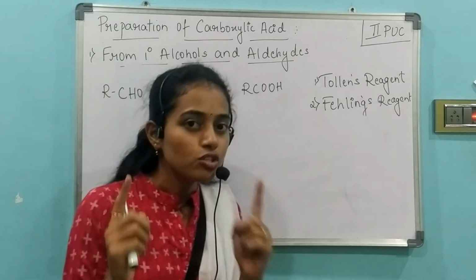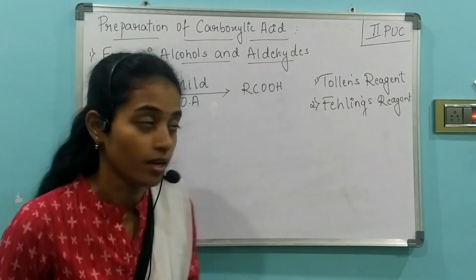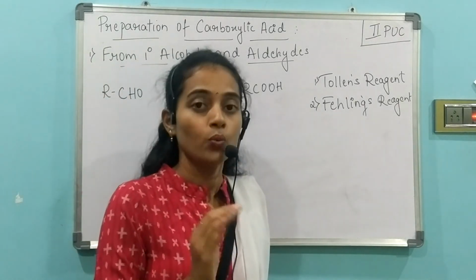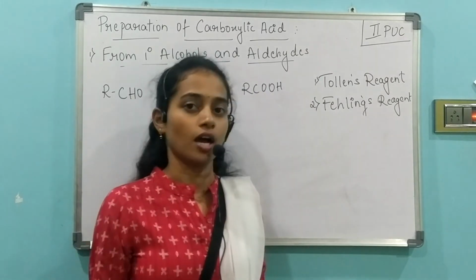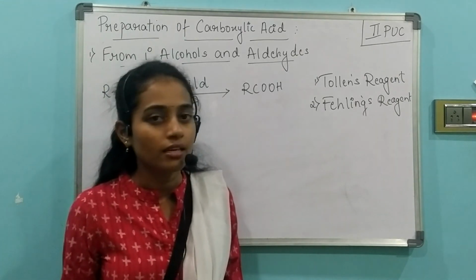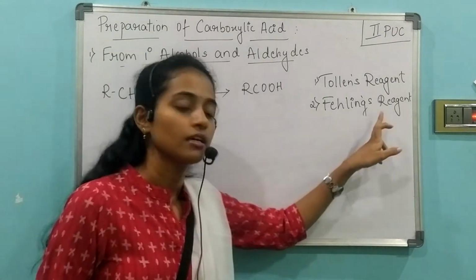By mixing solutions A and B, you are going to get the Fehling's solution. Now copper ion from this Fehling's solution will react with the aldehyde and convert your aldehyde into carboxylic acid. That is how we are going to prepare the carboxylic acid starting from the primary aldehyde using the Fehling's reagent.